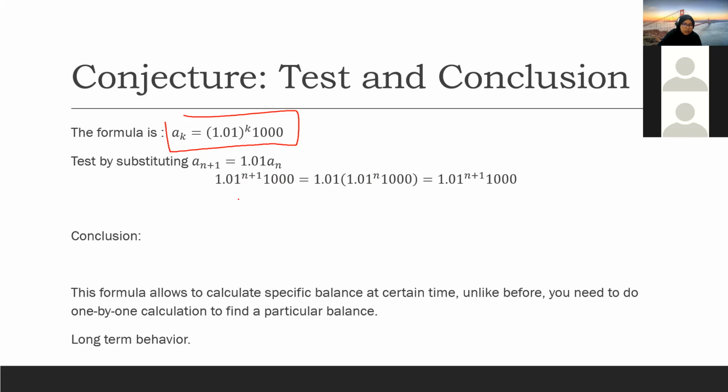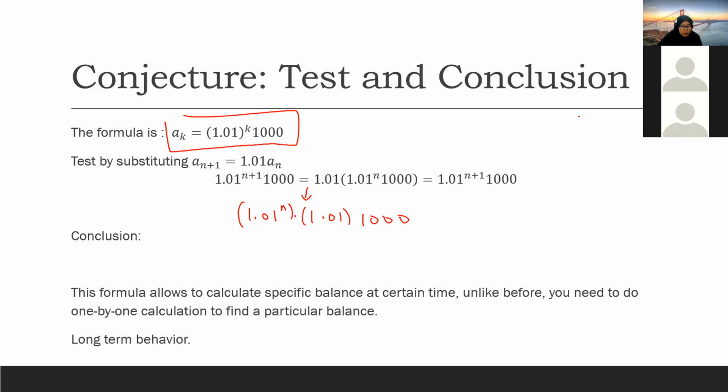If I put more step right here, it will be 1.01 to the power of n times 1.01, something like this, okay, because n plus 1 is just multiplied by that to the power of 1, and then this is 1000. So it's the same thing. So you can see that this is proved.